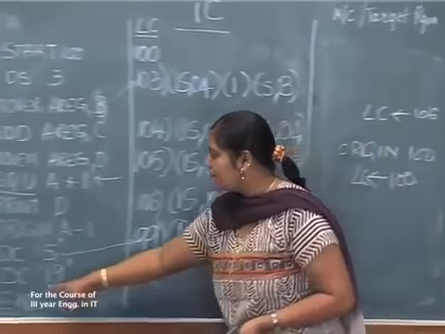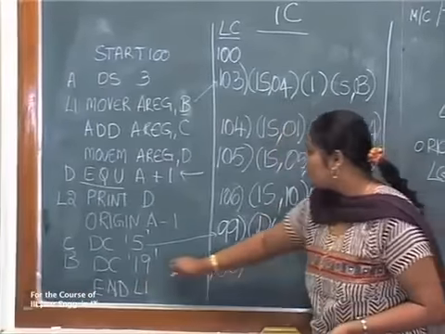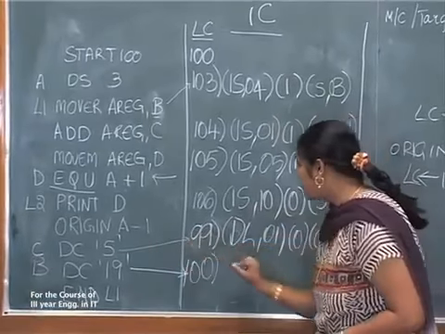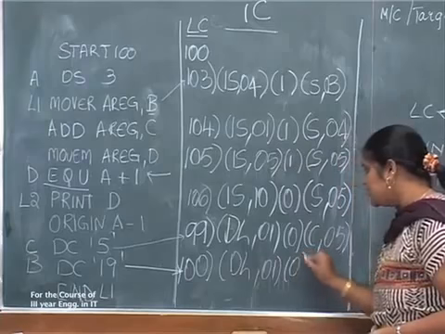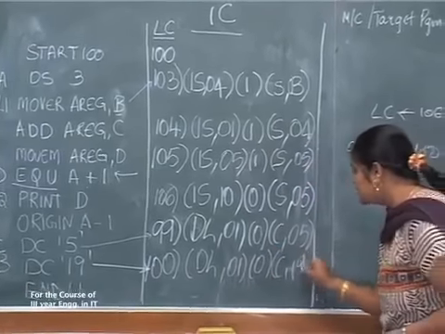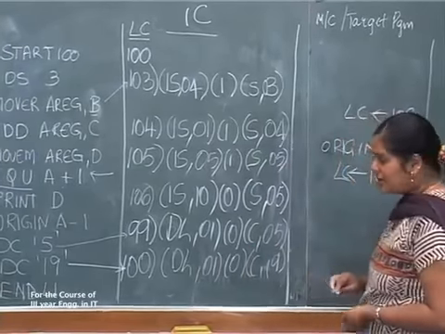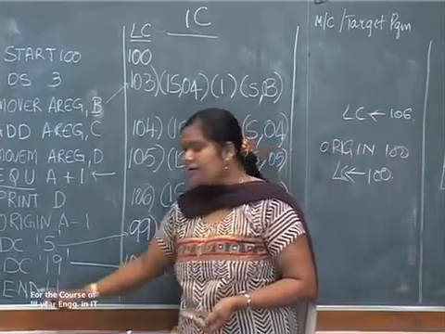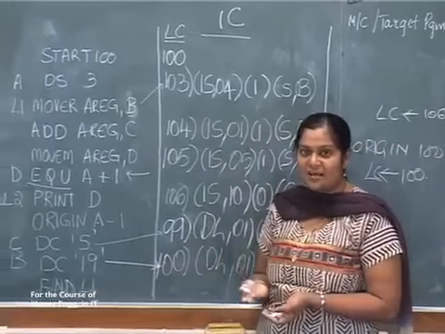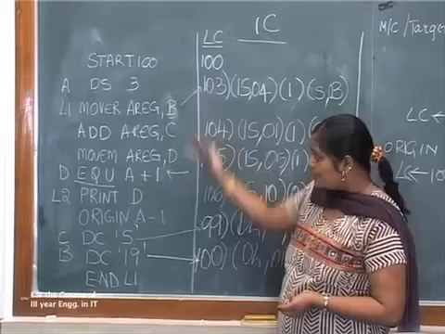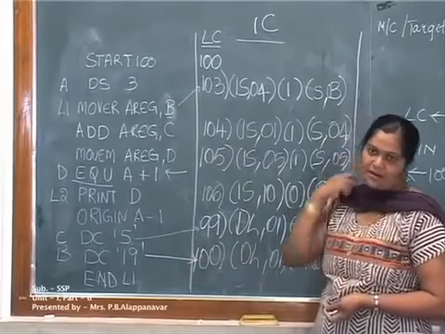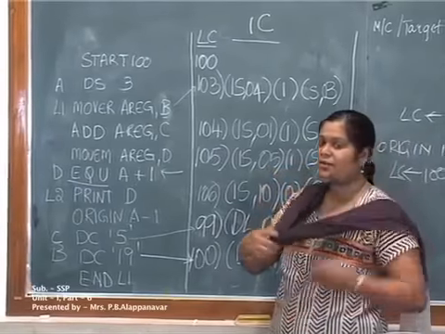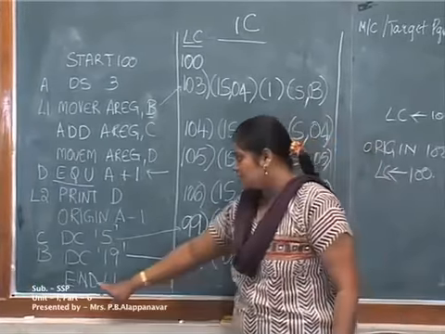I have declared only one particular constant, and for this I am going to write DL, 01, 0. It is a constant and so it is 90. Then I have encountered END, and I have to see whether any literals are present in my program. No literals are present, so I do not write an intermediate code for this particular statement.